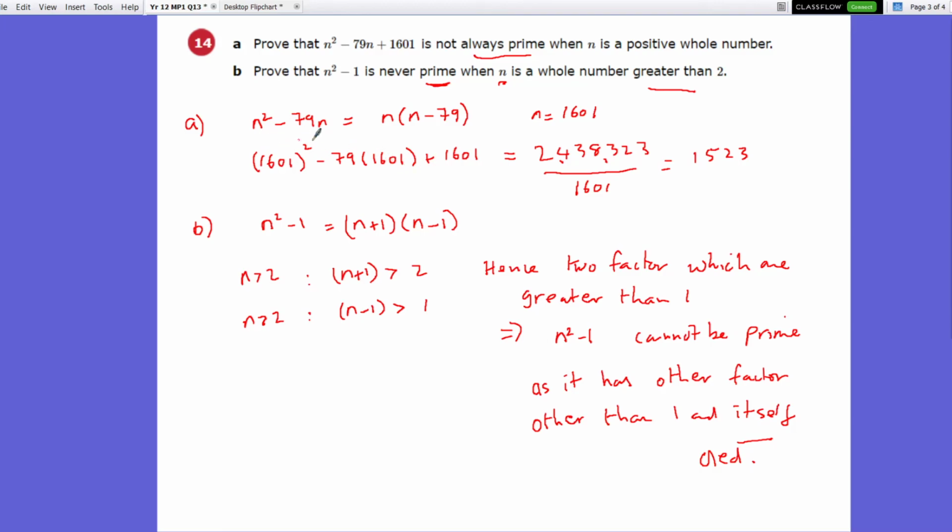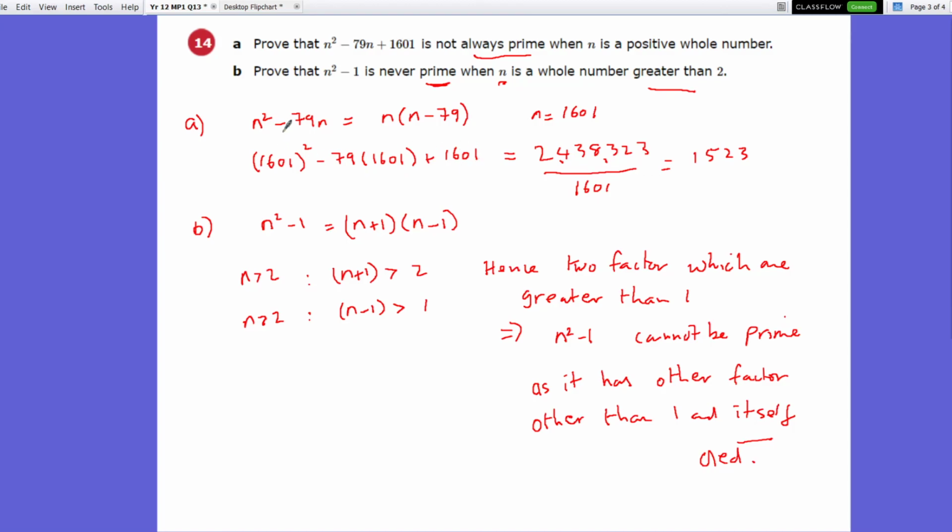This is a similar reason. This expression n squared minus 79n plus 1601 cannot be prime when n is a positive whole number because it has other factors other than 1 and itself. When I put this expression in and get this number out, this will be a multiple of 1601 and itself, and therefore cannot be prime.